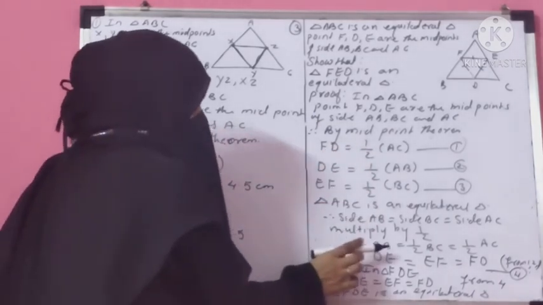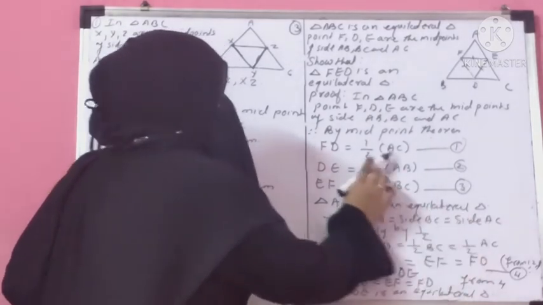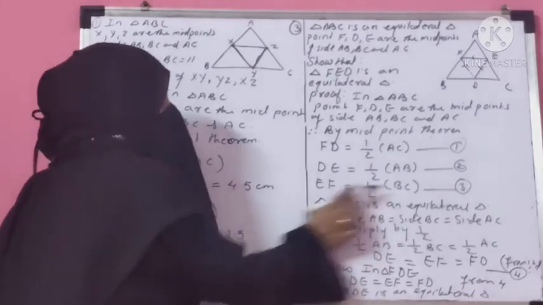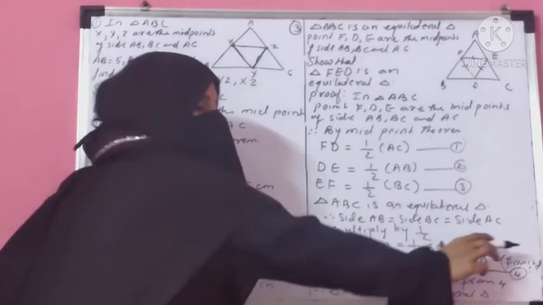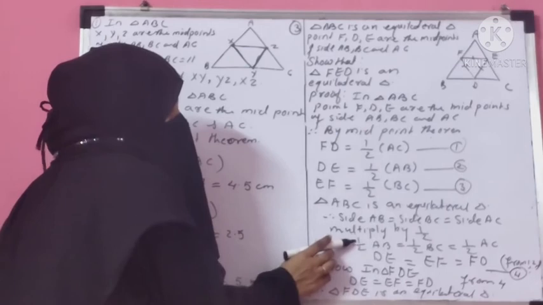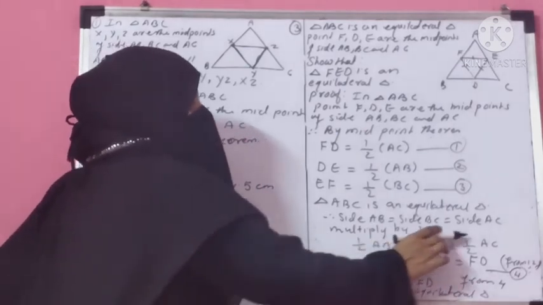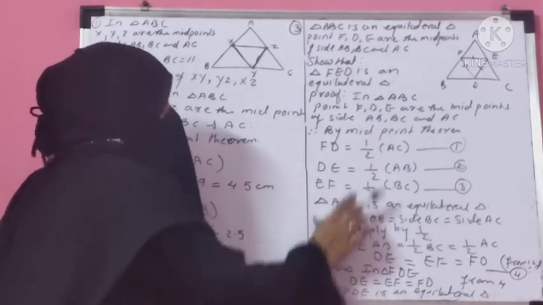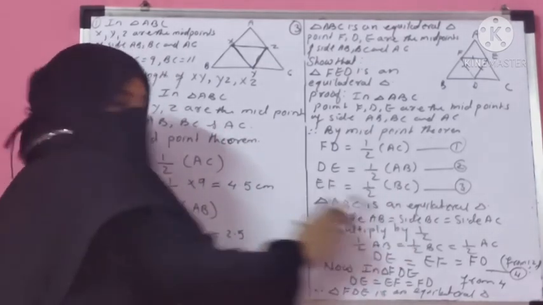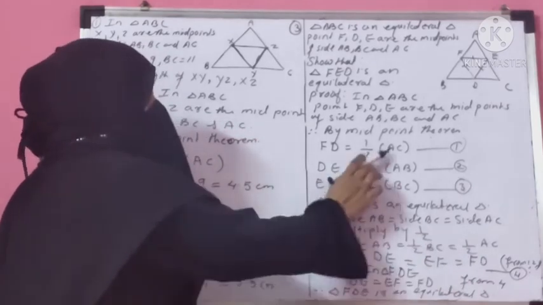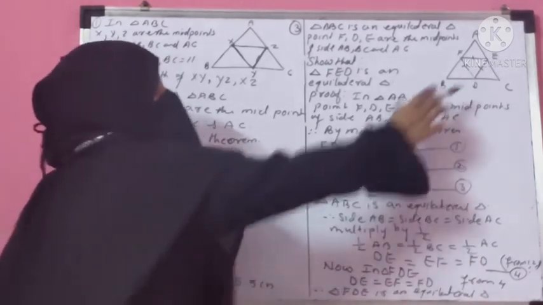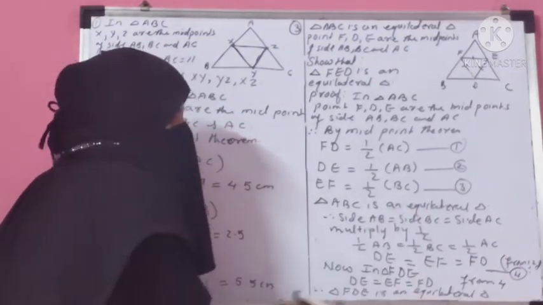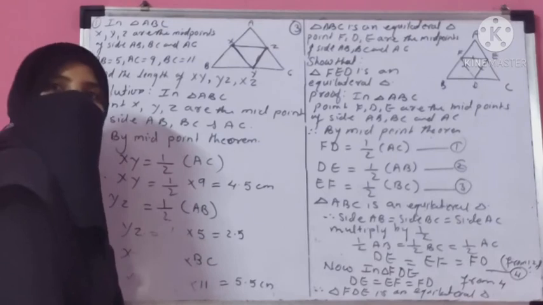That's why I multiply by half. So half of AB is equal to half of BC is equal to half of AC. Half of AB is DE, half of BC is EF and half of AC is FD. Now in this triangle FDE, all three sides are equal from 4. So therefore this triangle is an equilateral triangle.